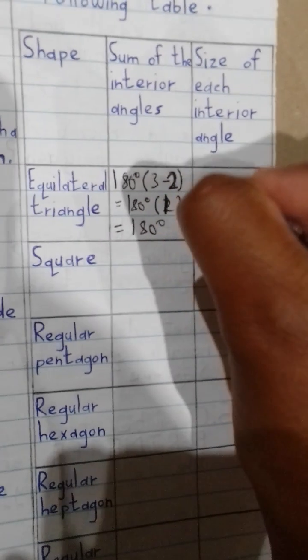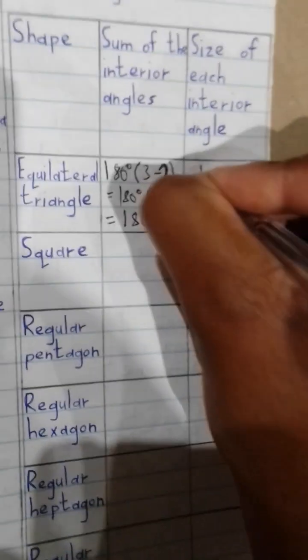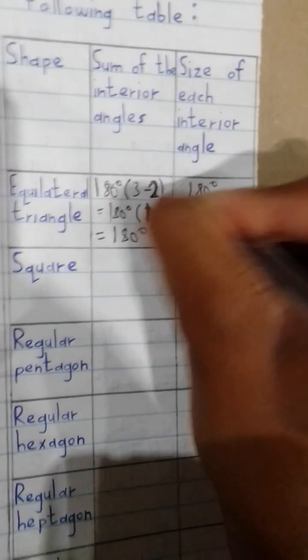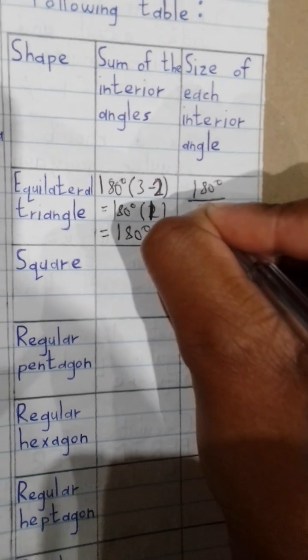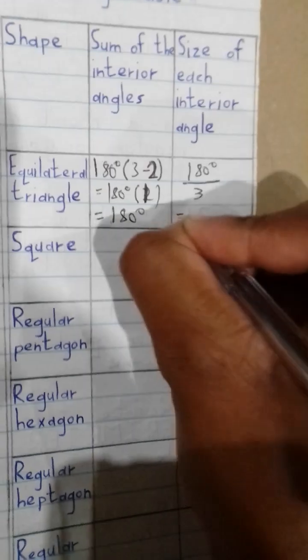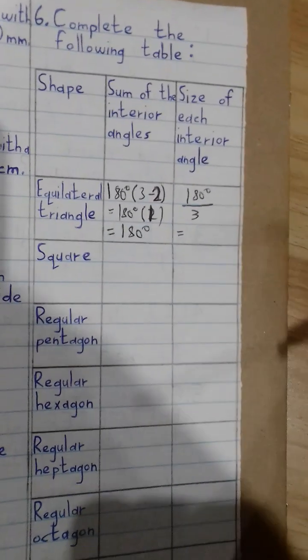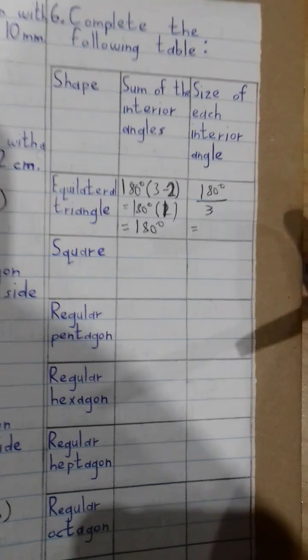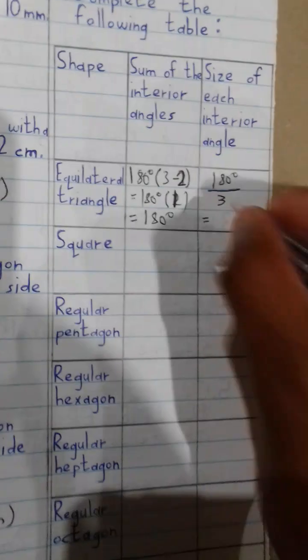So it's 180 degrees over 3, which is 60 degrees.